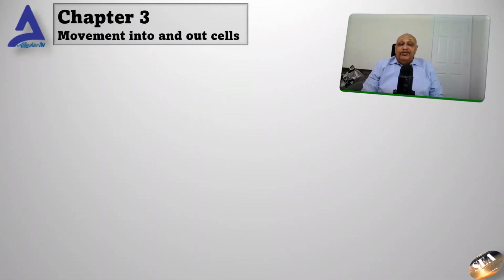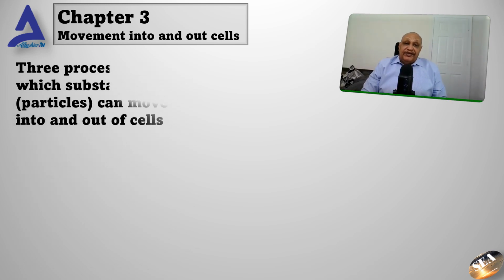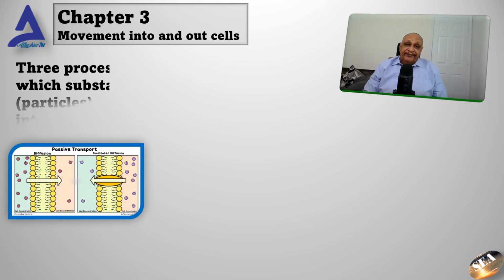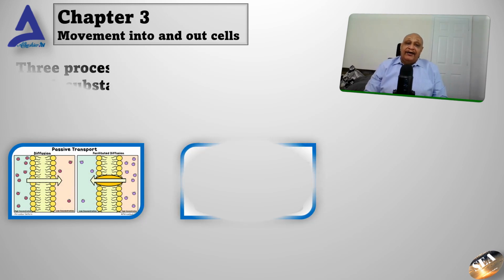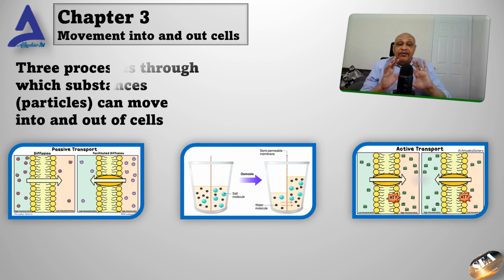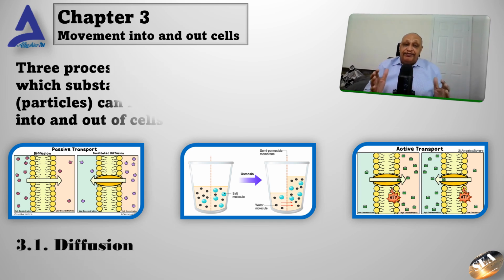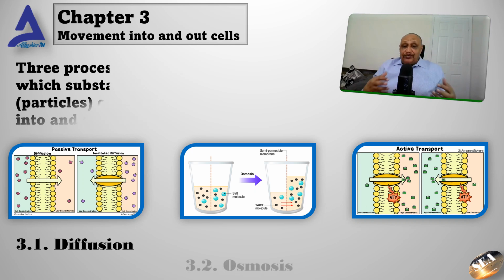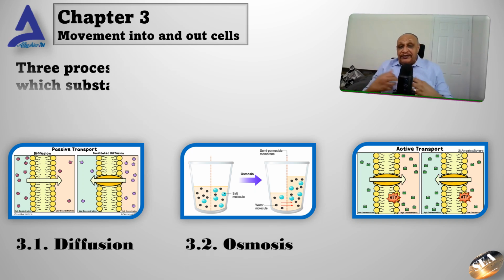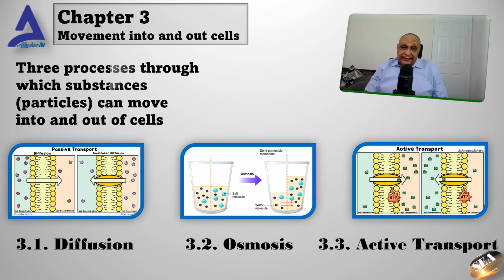Okay, now we will start going forward towards our chapter 3, movement into and out of the cells. There are only three processes that are very important, and which are actually our main topics in chapter 3.